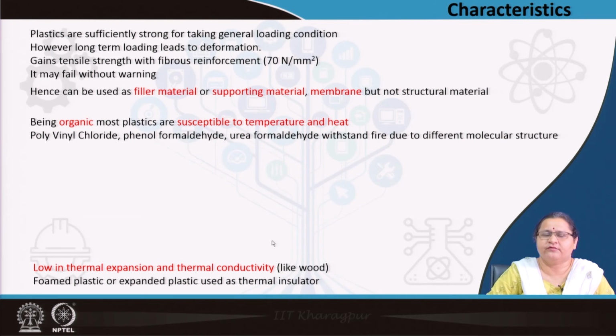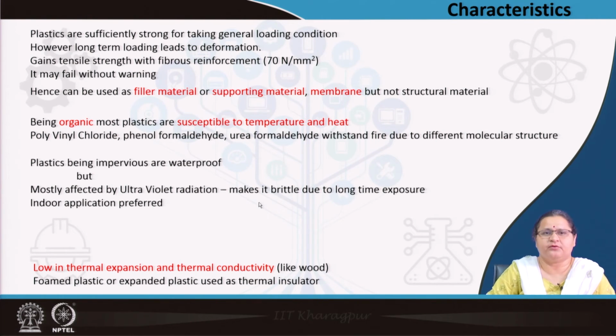Polyvinyl chlorides, phenol formaldehydes and urea formaldehydes are exceptions which can withstand fire because of their molecular structure, because of their carbon fluorine bond, carbon chlorine bond, that makes them hydrophobic too.